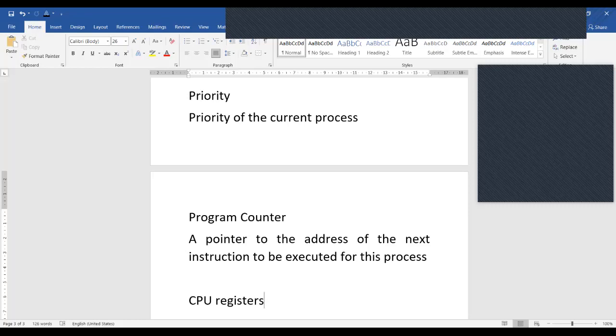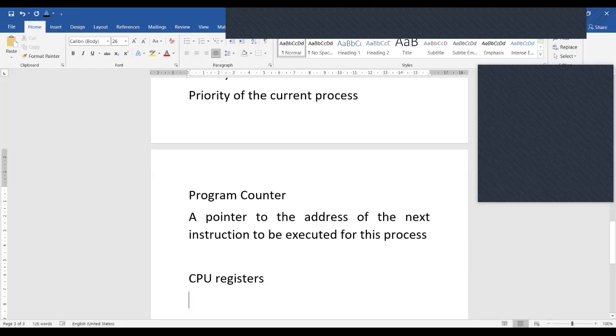Now there are CPU registers. What are CPU registers? Various CPU registers where process data needs to be stored for execution for running the CPU.